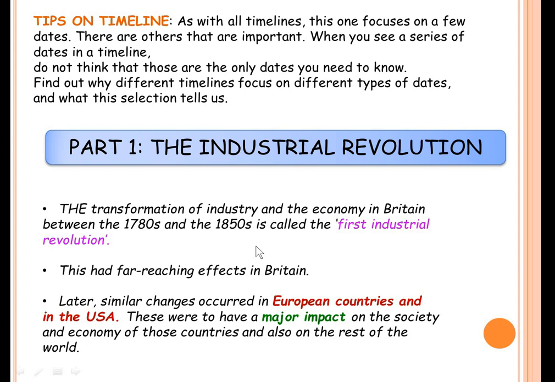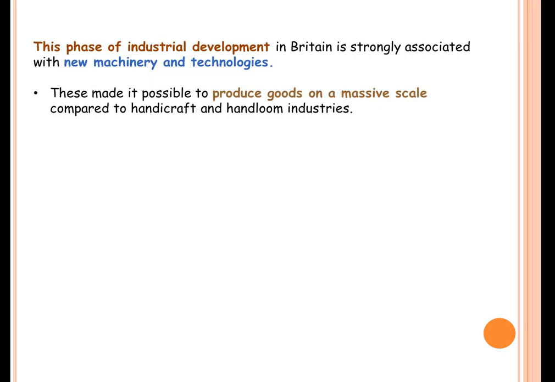Similar changes occurred in European countries and in the USA, with a major impact on their society and economy, and also on the rest of the world. It started spreading to other parts of the world.